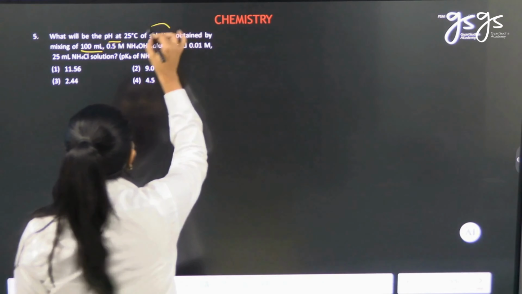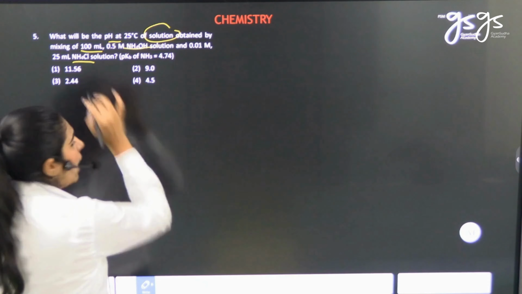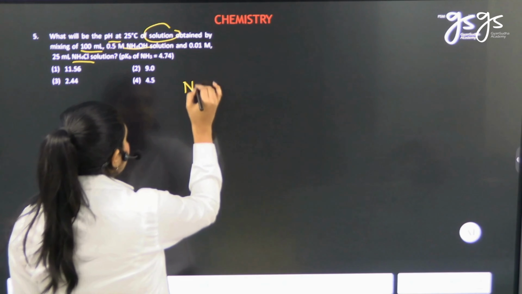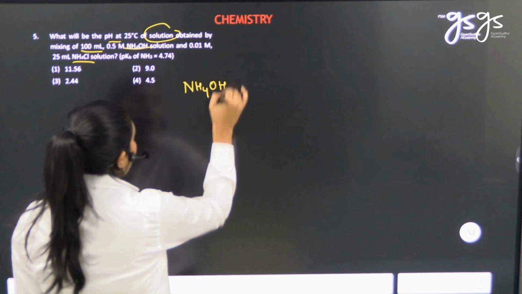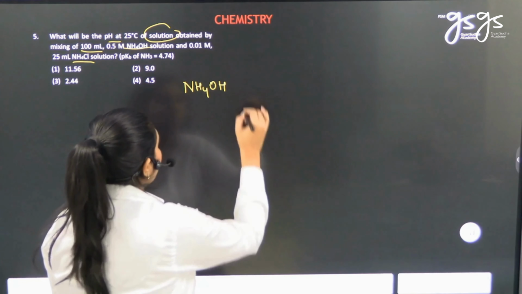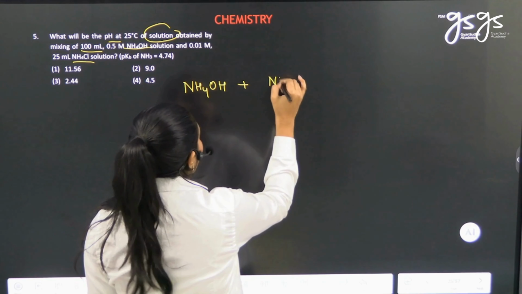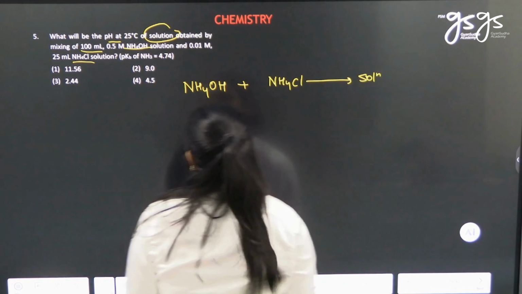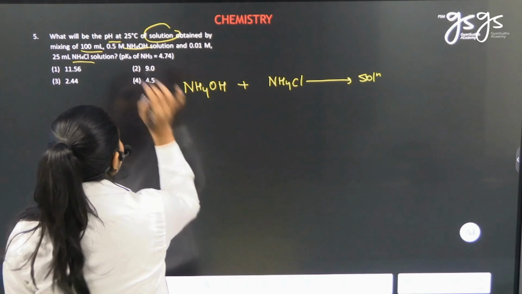Now, what the question says is that there is a solution made up of ammonium hydroxide and ammonium chloride. They are mixed, making up a solution. What is given in this case?